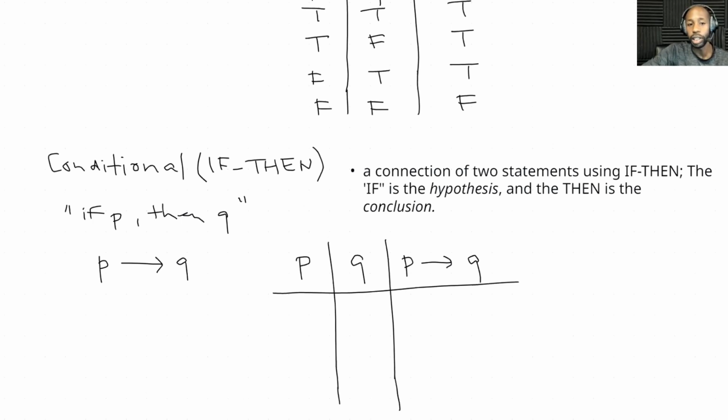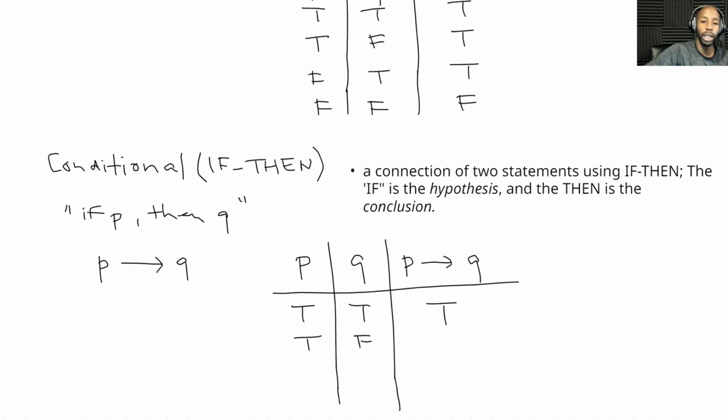So if that's true and that's true, then you already know that if P then Q is true. Okay, so what about if the hypothesis is true but the conclusion is false? So we know that for a conditional to be true, as we said here, the if has to happen and then the then has to happen.